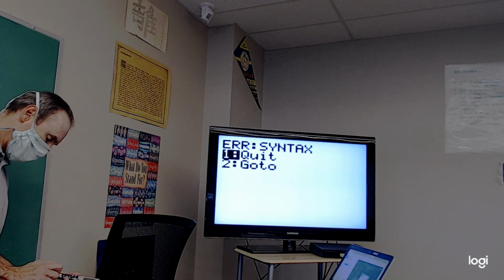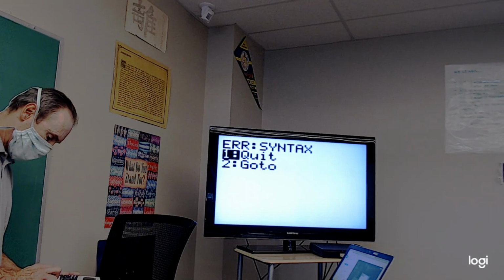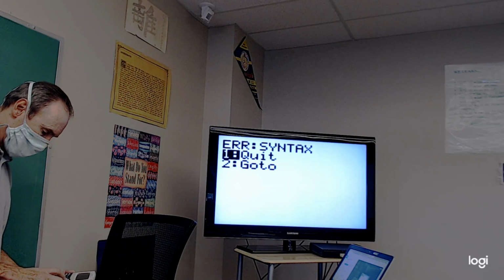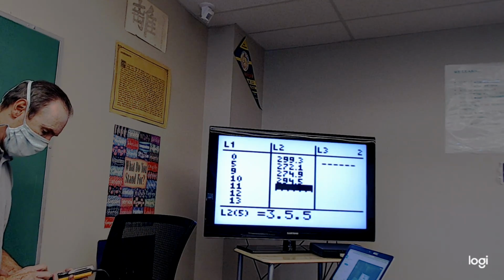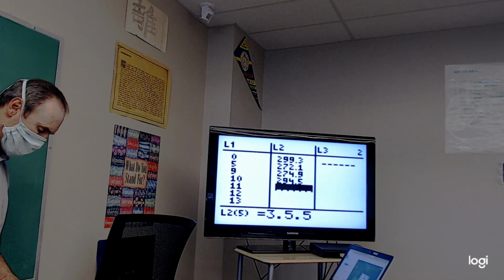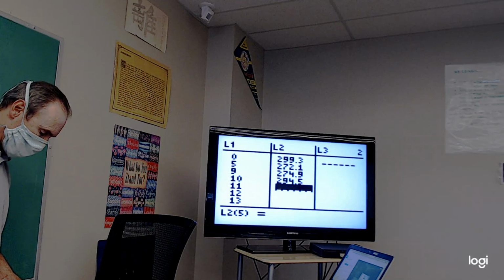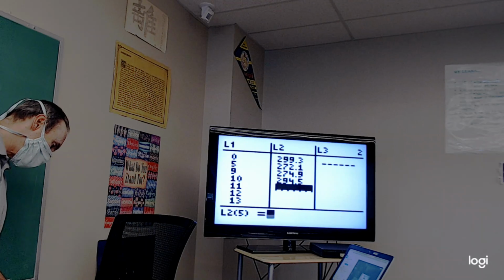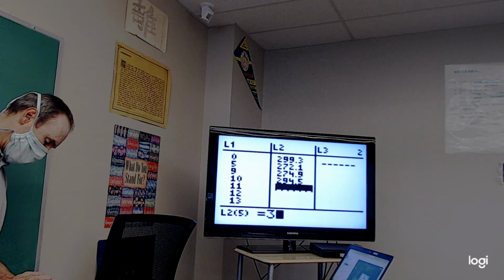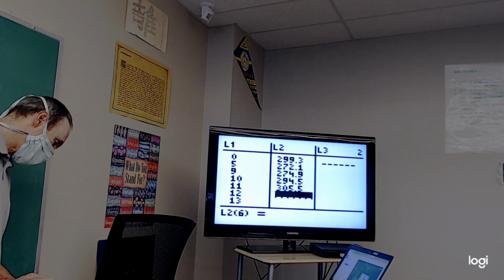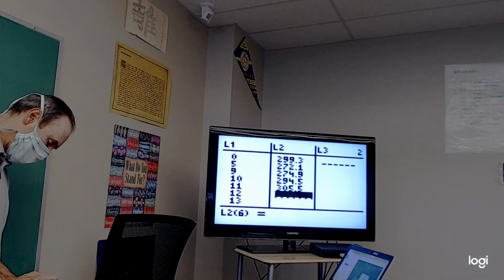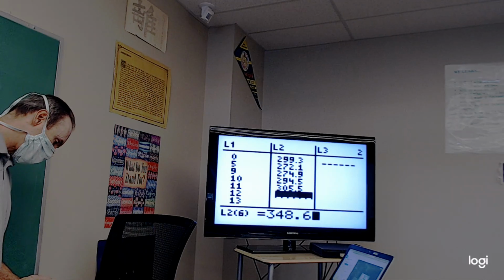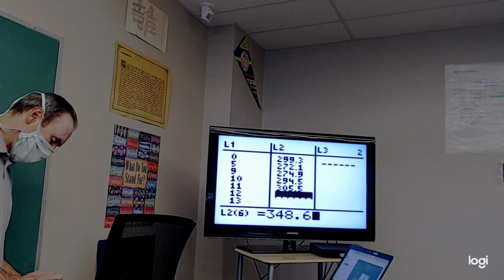Mr. Street, did I miss one? Yeah, you did. Oh, goodness gracious. Let me try that over again. So after 294, 305, 305.5. That looks better. 348, 36, 404.9.